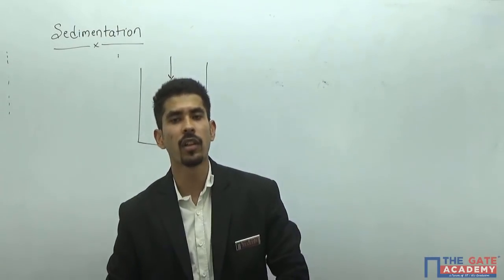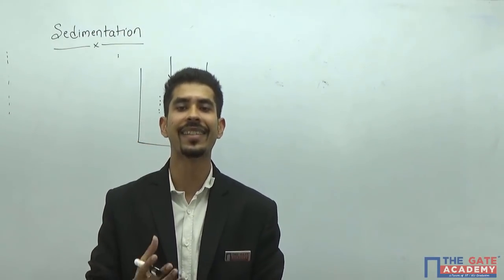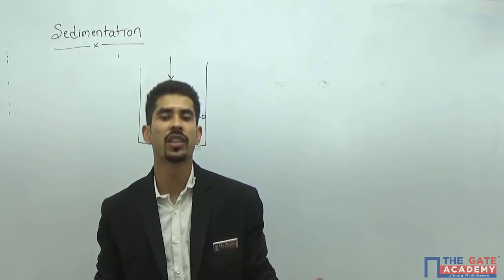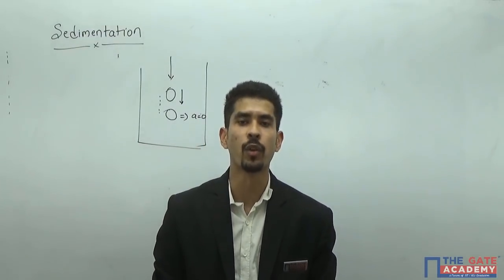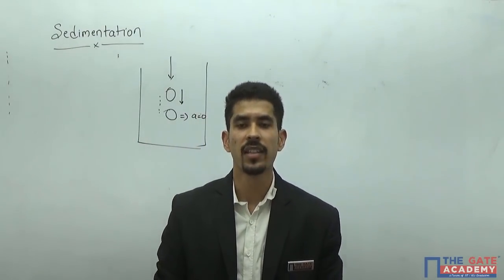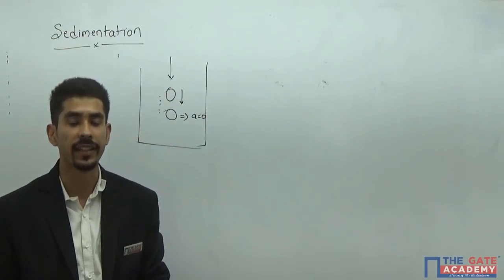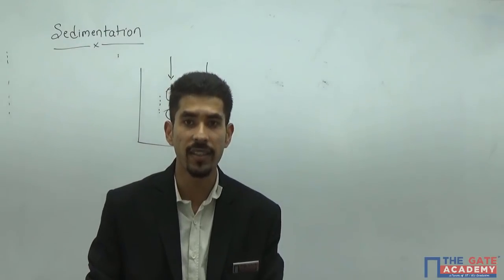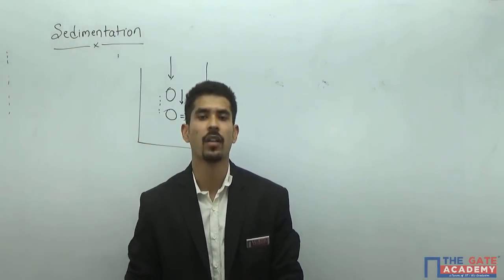So settling velocity is nothing but, due to the self weight of a particle, initially it accelerates in water, and after some time the acceleration of the particle becomes zero, and thereafter that particle starts to settle with a constant velocity. That is known as settling velocity. This is the concept for settling velocity.